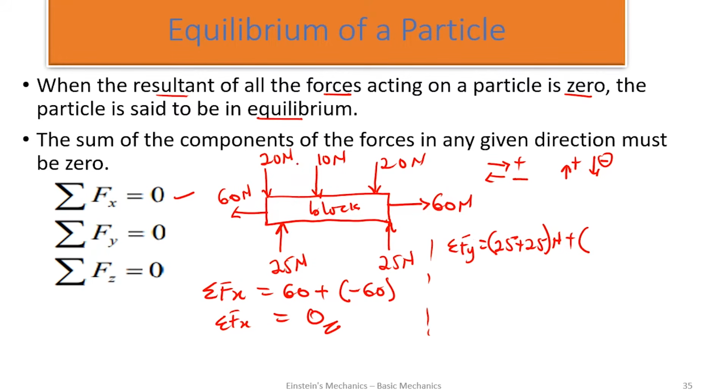I have one downwards negative 20 here, another negative 10, and another negative 20 newton. So this 25 and 25 will give us 50 newtons, plus the negatives will also sum up to negative 50 newtons, and I'm getting zero at the end.